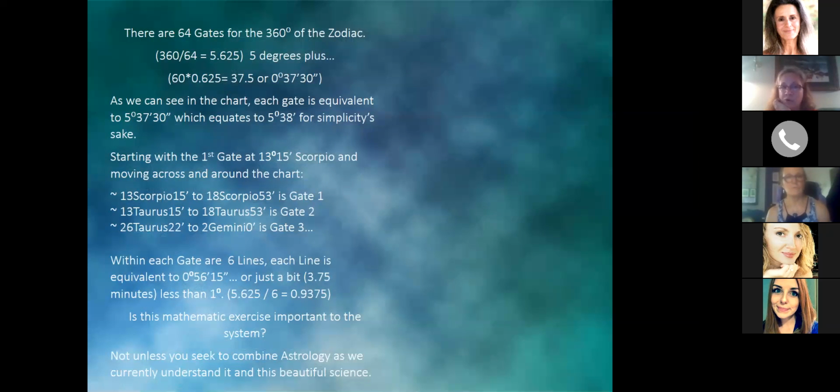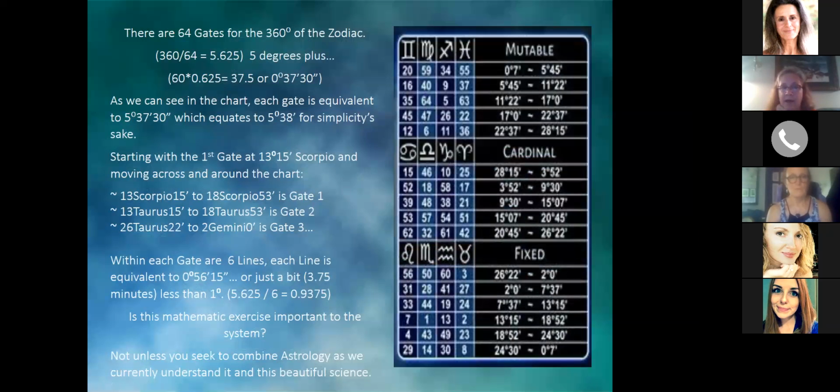There are 64 gates for the 360 degrees of the zodiac, and we can take 360 divided by 64, and we can see that each gate would be 5 degrees plus 37.5 minutes. For ease and simplicity, we break it down over here in this beautiful little chart, very handy, to 5 degrees 38 minutes.